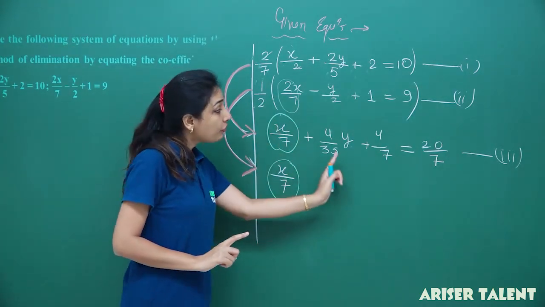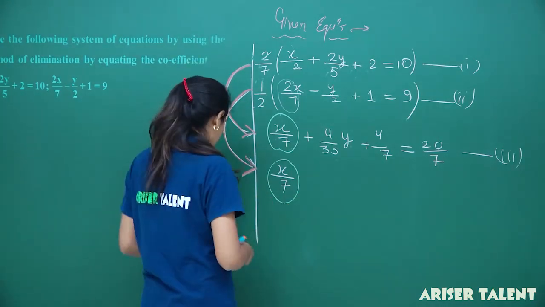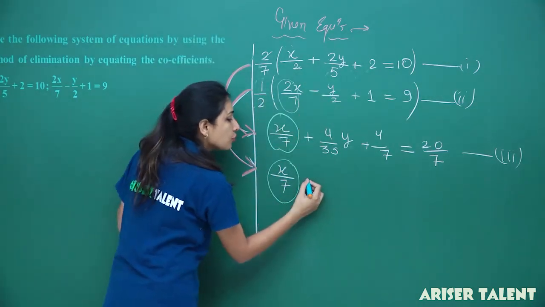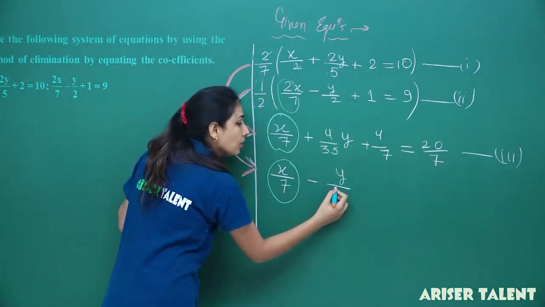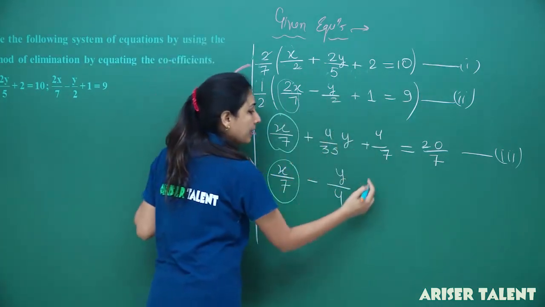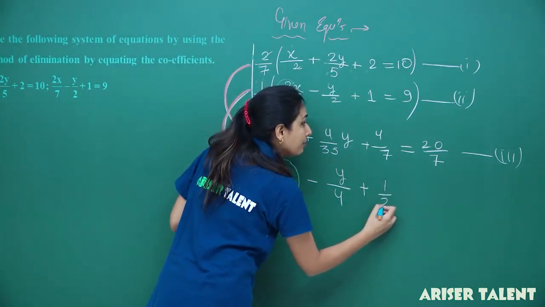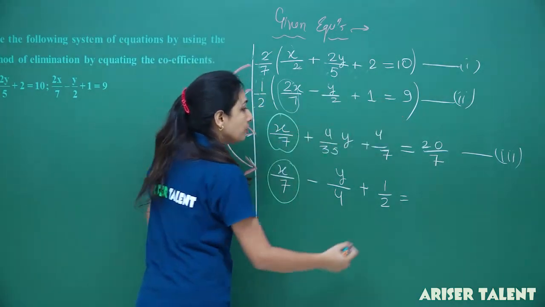So, the value of y we will discuss again. Just follow the procedure. Now, this is minus y by 2 and 2, which is 4, then plus 1 multiplied by 1 by 2 is 1 by 2, equals 9 by 2.